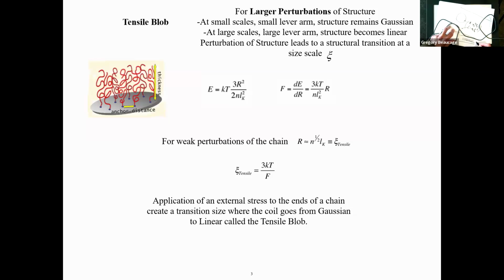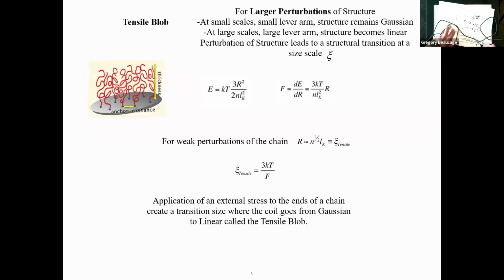Because the force is balancing against this 3kT. In other words, force times some distance gives you energy. So force times some distance gives me the 3kT that I had for the modulus, 3kT over NL squared. The energy part, the 3kT, has to balance against the force times some distance. Force times distance is energy, right? So you need some distance.